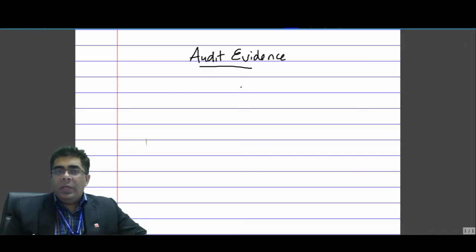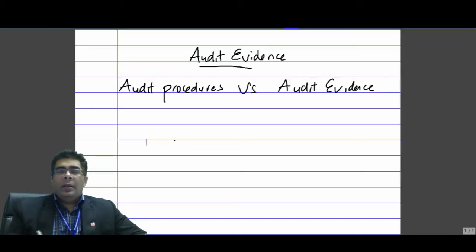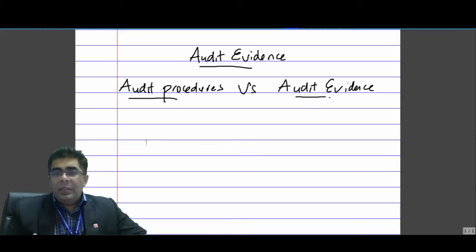Before we proceed, we need to clarify the difference between audit procedures versus audit evidence. Please know that the auditors are basically collecting evidence. This is the evidence that will be collected by the auditor.